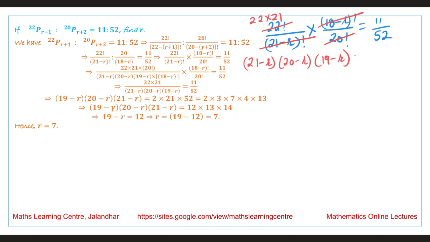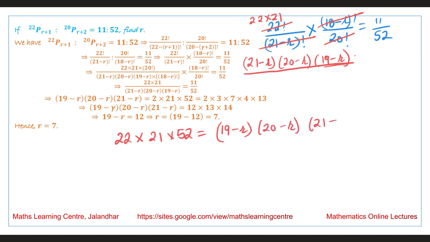If we cross multiply these terms, we obtain 22 into 21 into 52, that is equal to, if we look at these terms over here, 19 minus r into 20 minus r into 21 minus r, and 11 is there.